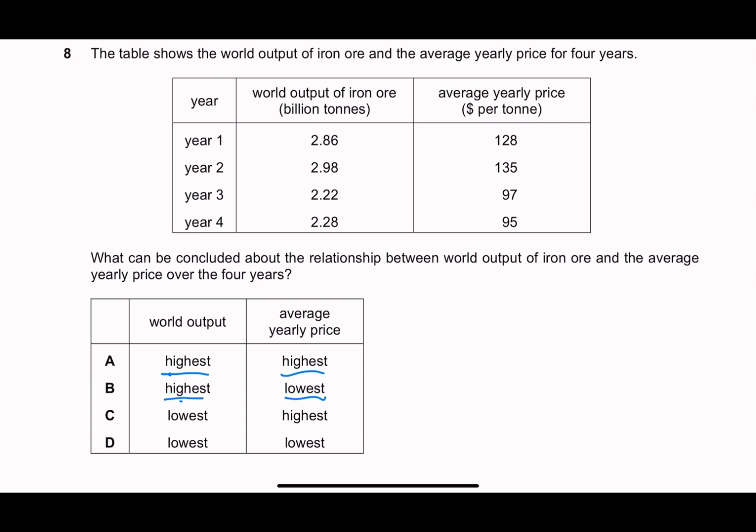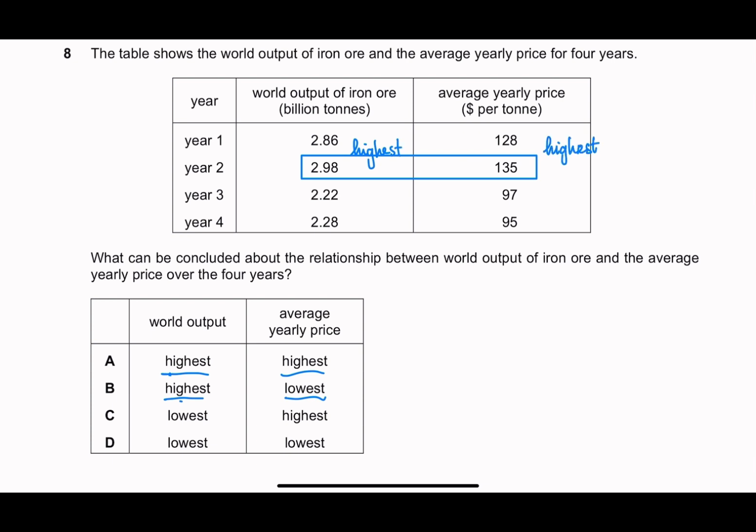So this is similar to the relationship between quantity and price on the demand and supply graph. So they just want to ask if it's a proportional relationship or if it's inversely proportional. So if we look at the highest output, and then compare if it's actually the highest price. So yes, it is the highest output and it is also the highest price.